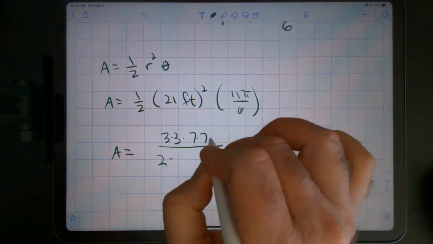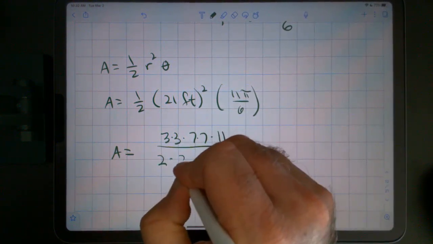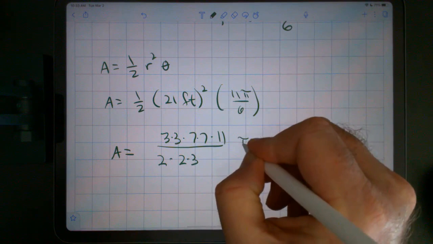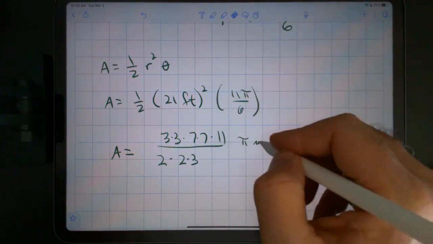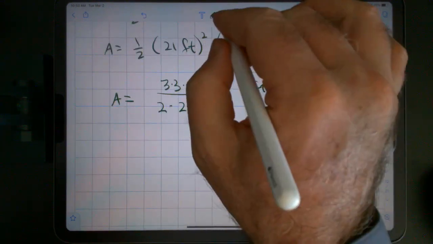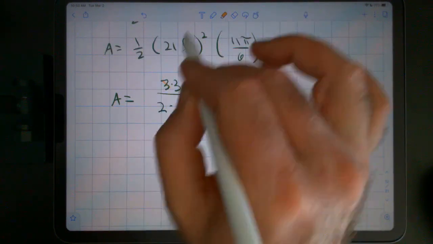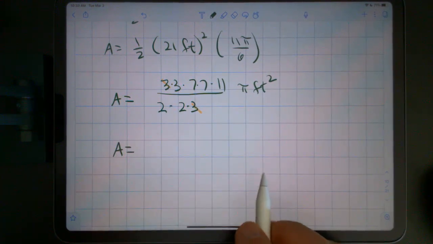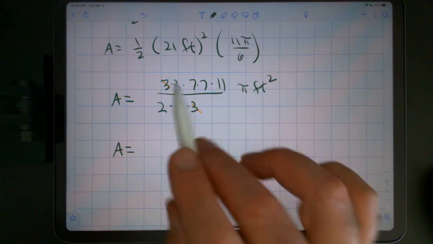And 6. 6 is 2 times 3. And then times by the 11 at the end. So it's all of this times pi feet squared. So this is 11 times 49 times 3.